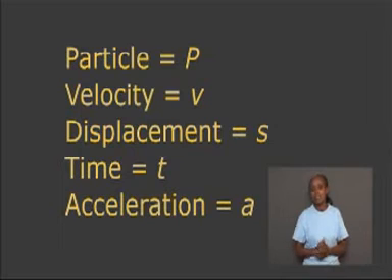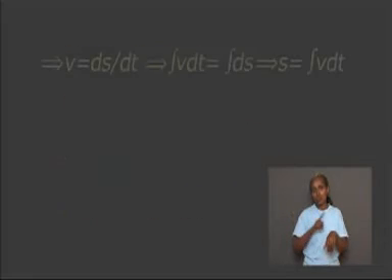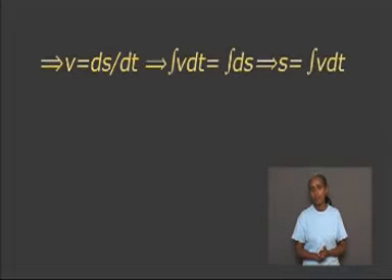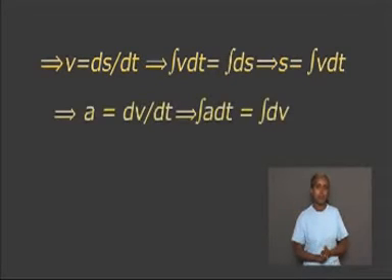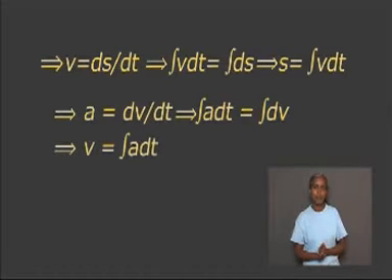The acceleration is the rate of change of velocity with respect to time. The equation to find out the velocity of the particle looks like this. If we want to find out the acceleration of the particle, it looks like this. Note that we have to find the velocity first.